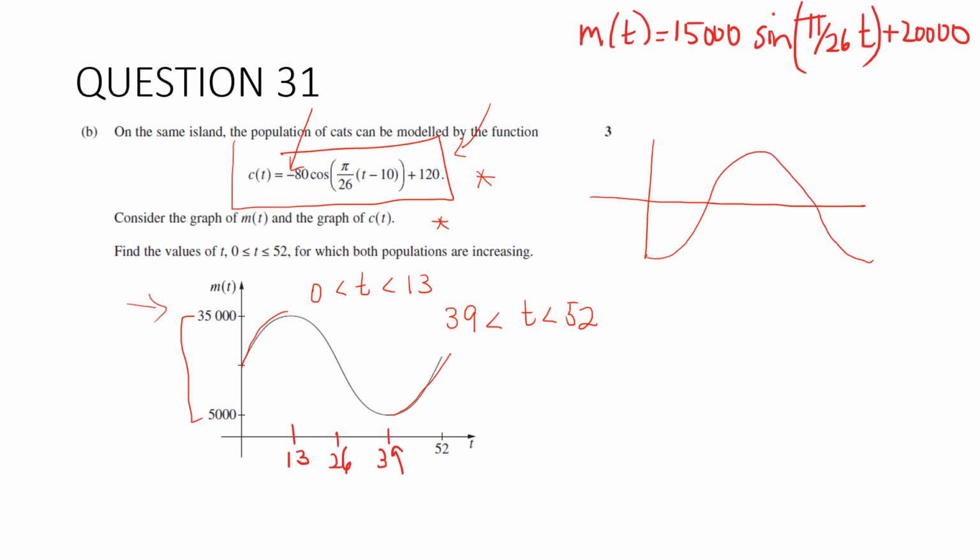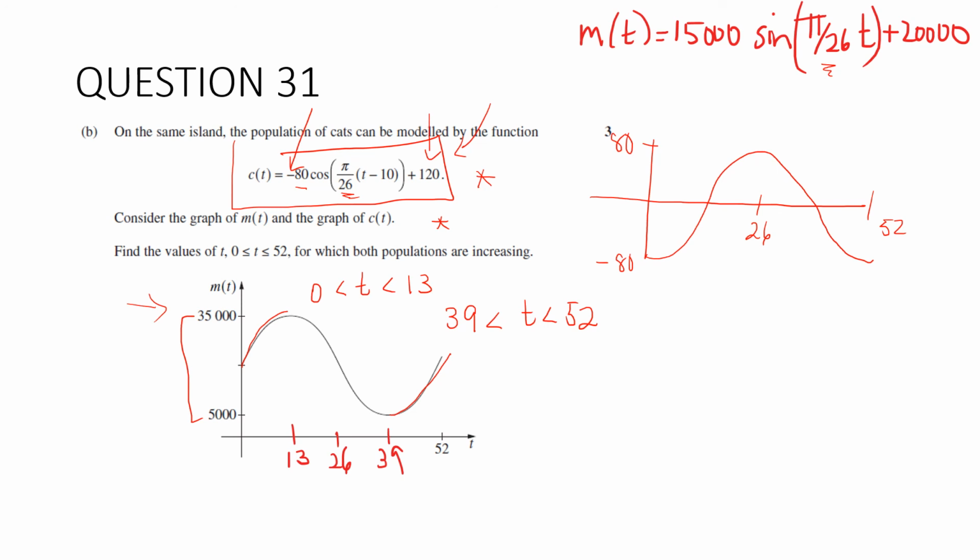We have the same period as the mice population, so it goes between 0 and 52. So that's 26 there. What else do we know? It has an amplitude of 80, so that's negative 80 up to positive 80. We have a vertical shift of 120.